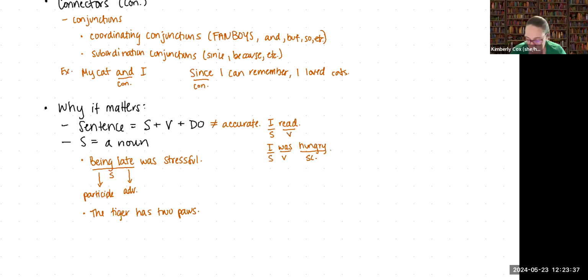Paws are a noun. But they are also the direct object of this sentence. So it's good to know the forms of words, but more importantly, it's very important for you to be aware of how words function in sentences and that forms do not necessarily determine function. Okay.